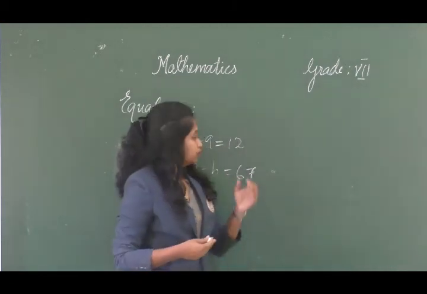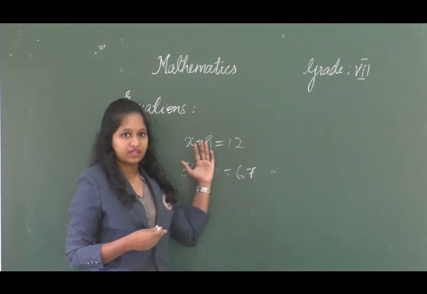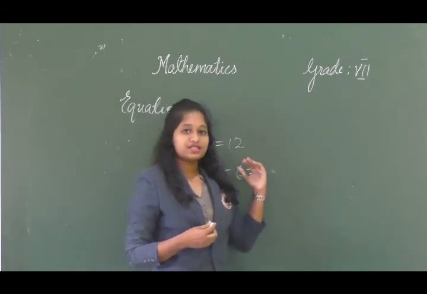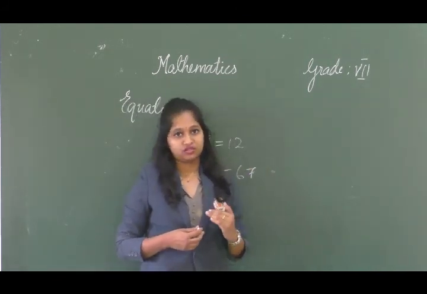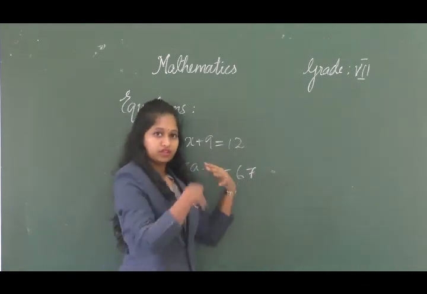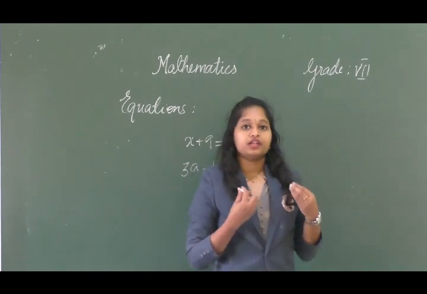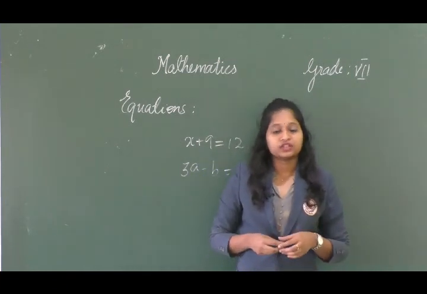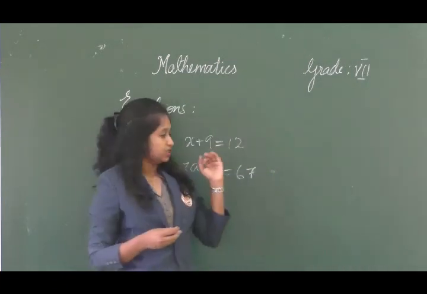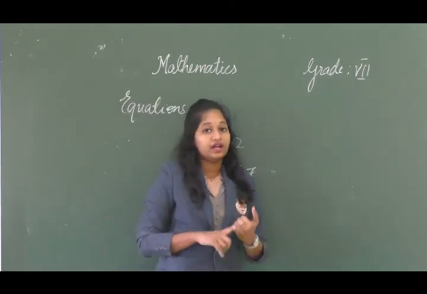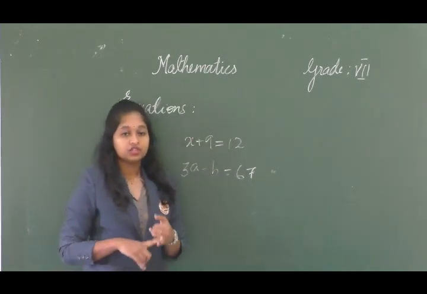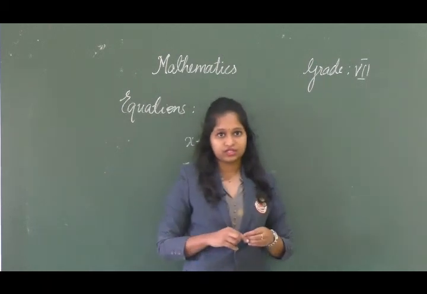Now the one in the left side is called the left hand side of the equation, and whatever is in the right side is called the right hand side of the equation. Now these equations are having power 1, isn't it?